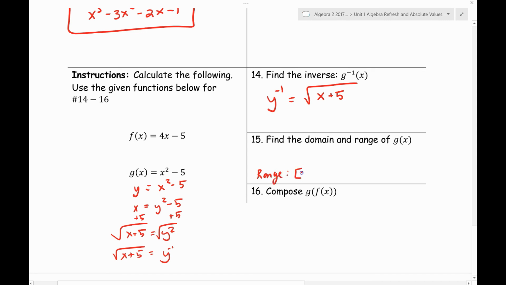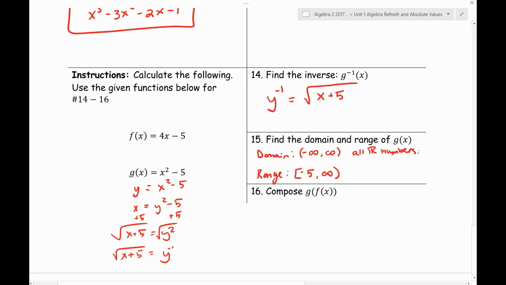While the domain, since this is a quadratic function, is all real numbers. So I can write -infinity to infinity, or I can write all real numbers, any of those work. Okay?